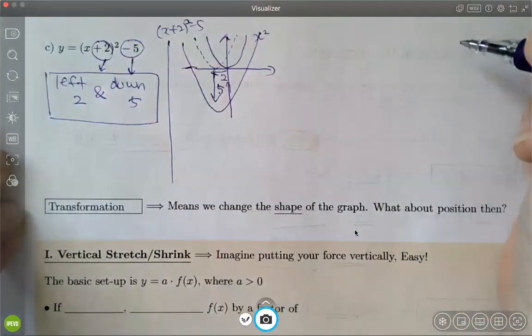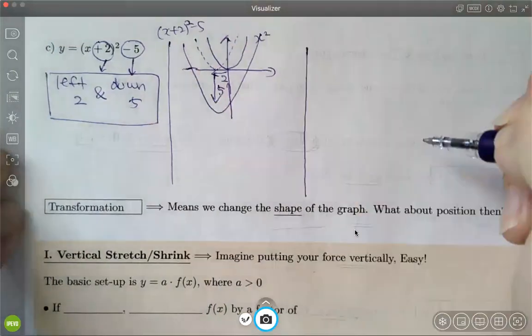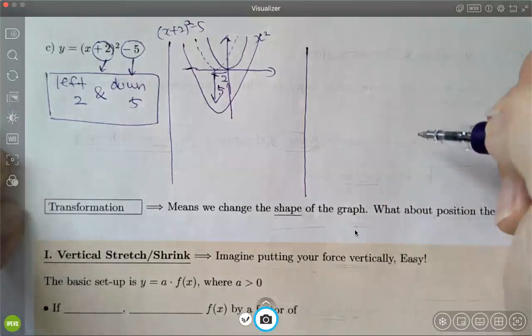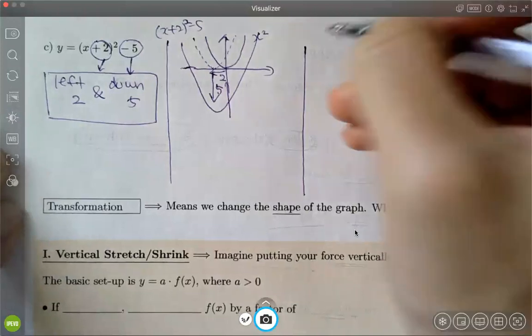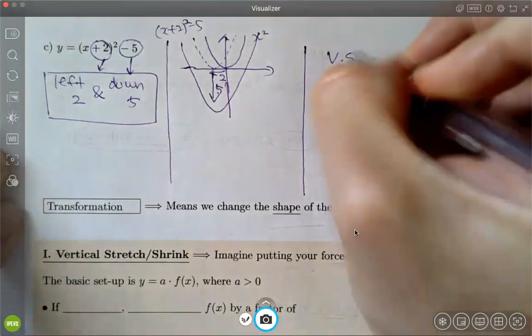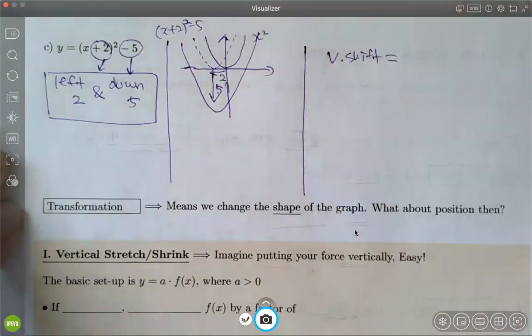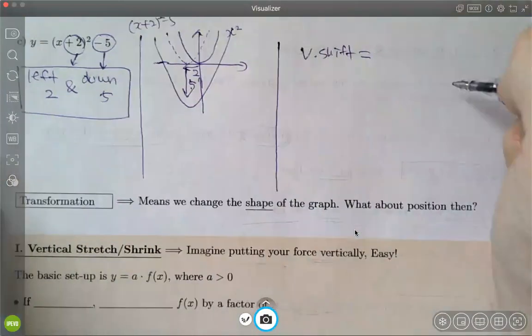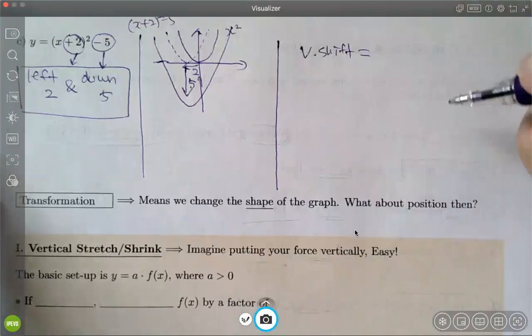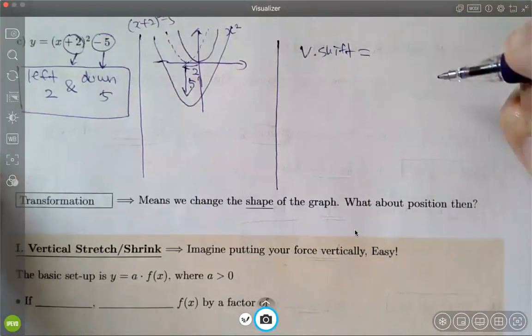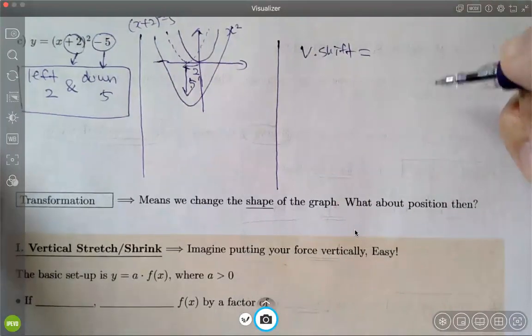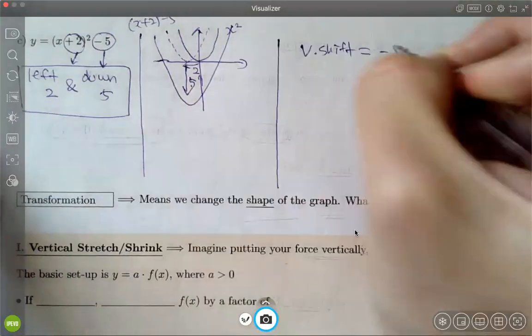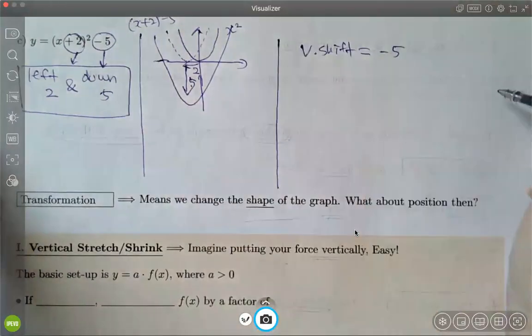So now, that pop-up thing just keeps appearing. Here, are we doing any vertical shift? Yes, because we have moved down, and we have to put minus 5, because that's how much we subtract at the end.